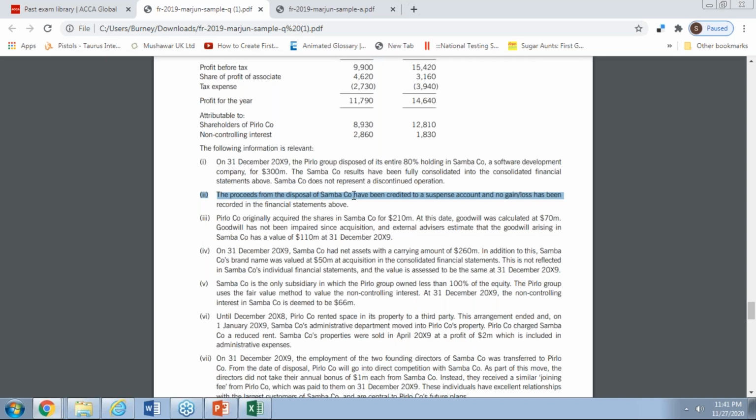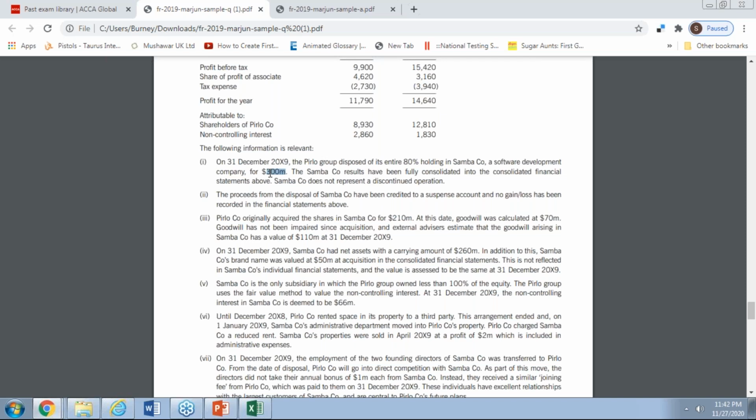The third point is that Perlo originally acquired the shares in Simba for 210. At this date, the goodwill was calculated at 70 and the goodwill has not been impaired. First we need to calculate the gain or loss in the books of the parent company. The parent company, which is the Perlo Group, acquired 80% of the shares in Simba for 210 and has disposed of them for 300. So the difference between these two will be the gain on disposal in the books of the parent company.